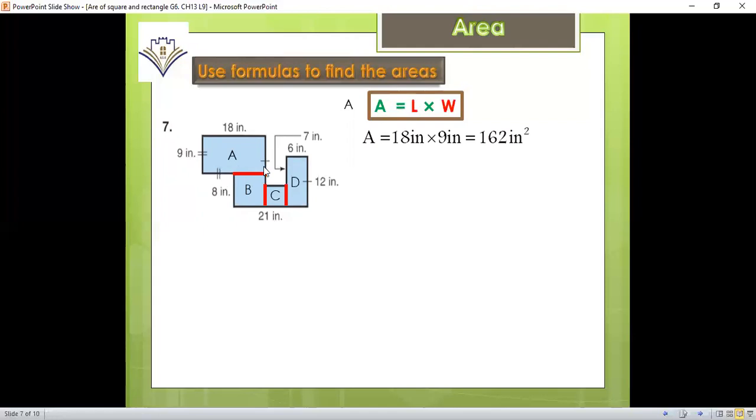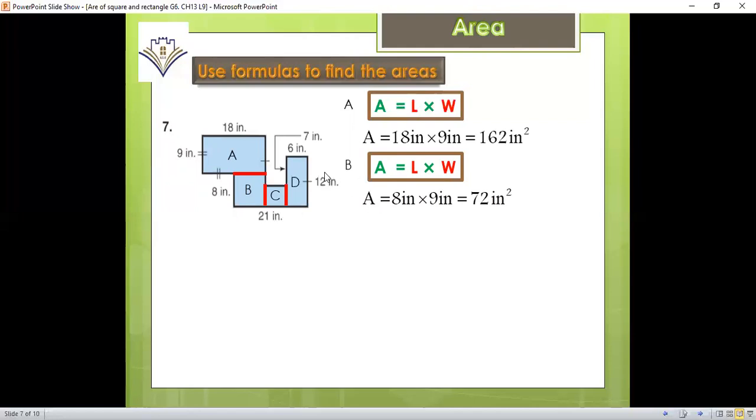Then the remainder, 18 minus 9, is equal to 9. Then this red line is 9 inches and the width is 8. Then the area of B is 9 multiply 8 equals 72 square inches.